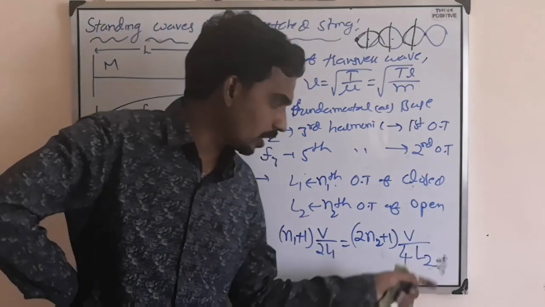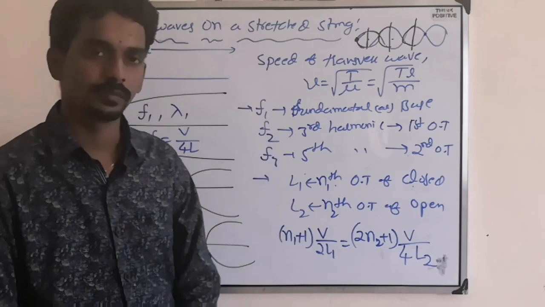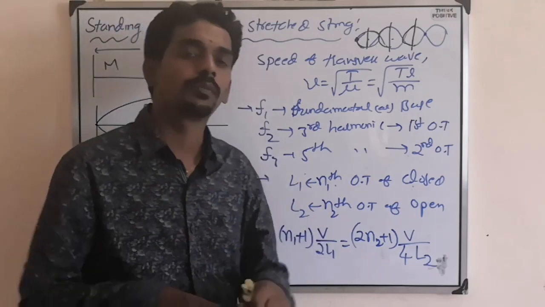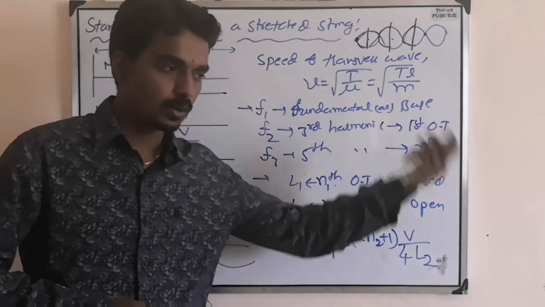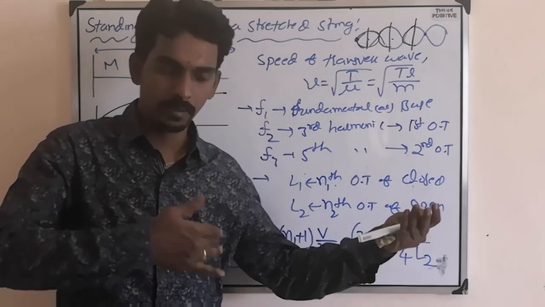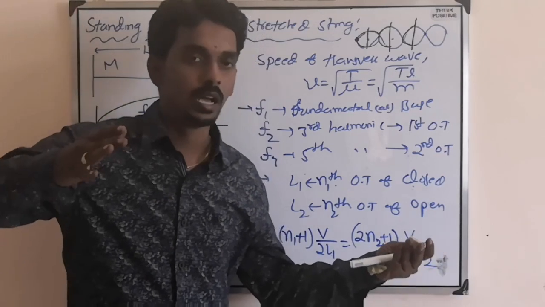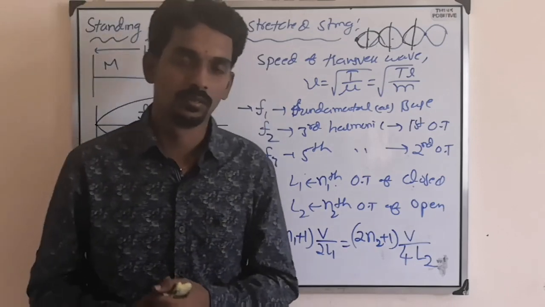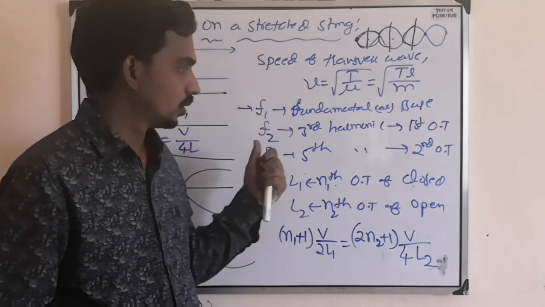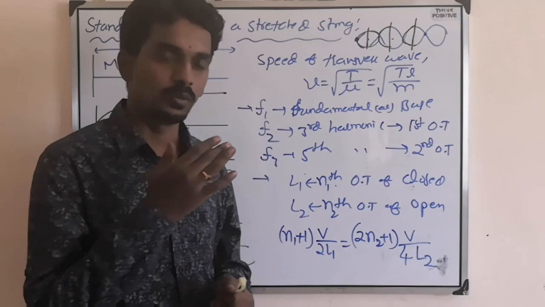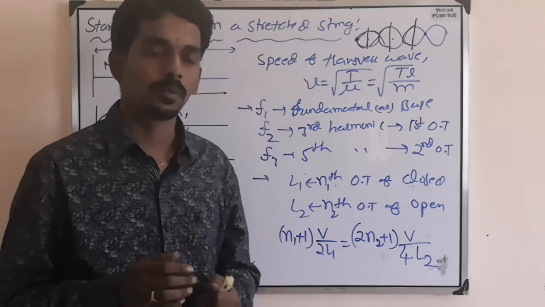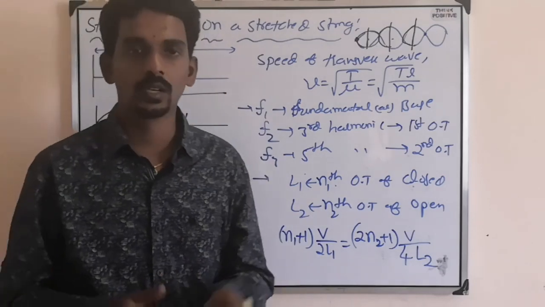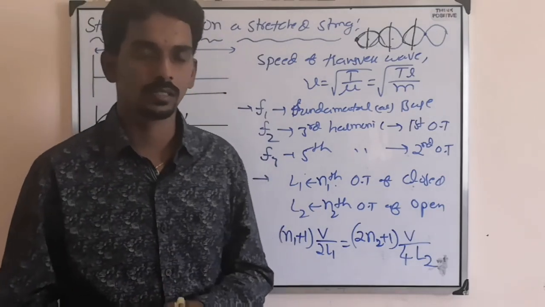Then they can ask you the ratio of L1 by L2 like that. So they can connect between open and closed string frequencies also. This overtone of open is same as that overtone of closed or harmonic, anything. Like that they will give the questions. So you have to understand the question, you have to take which overtone properly, which equivalent harmonic and the suitable formula. Then only you can solve the questions.